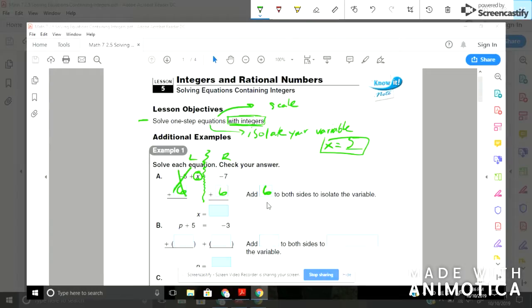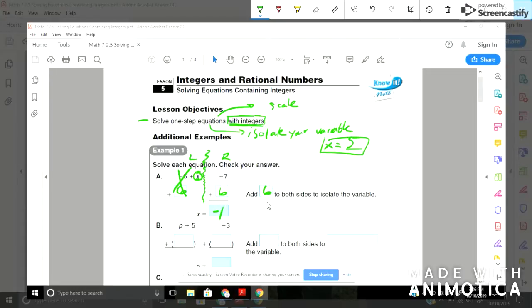because negative 6 plus 6 cancels out, that's 0. And now the only thing I have on my left-hand side is x, which is exactly what I want. And then the only step I have left is to take negative 7 and add 6, which would give me negative 1.